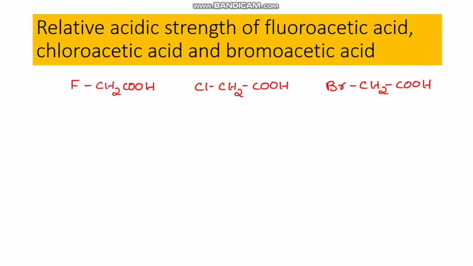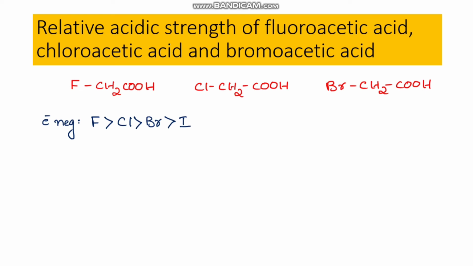And we know that the electronegativity order for fluorine, chlorine, bromine follows the order. Fluorine will be more electronegative when compared to chlorine, which is more electronegative when compared to bromine, and which is more electronegative when compared to iodine. That is, the electronegativity decreases down the group.